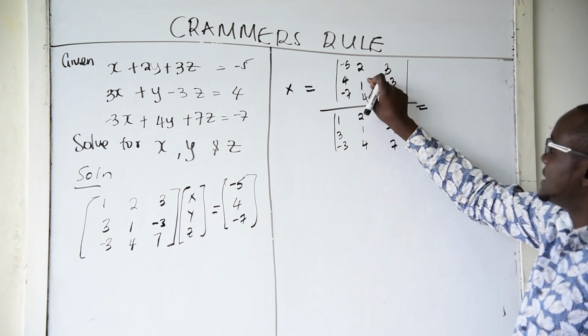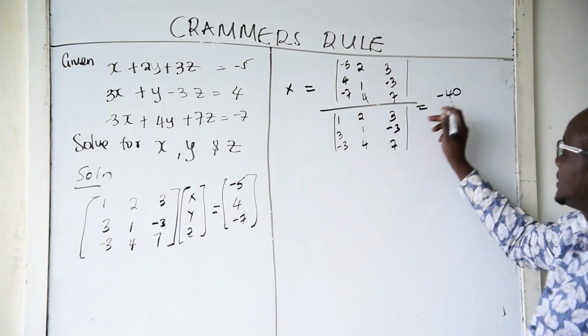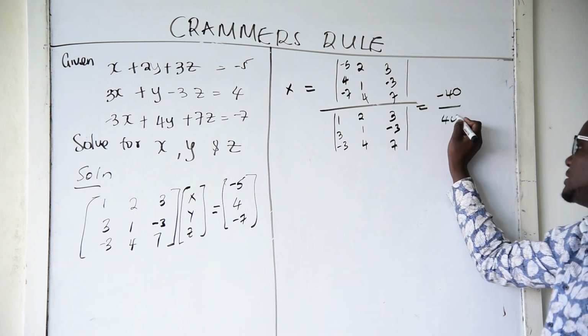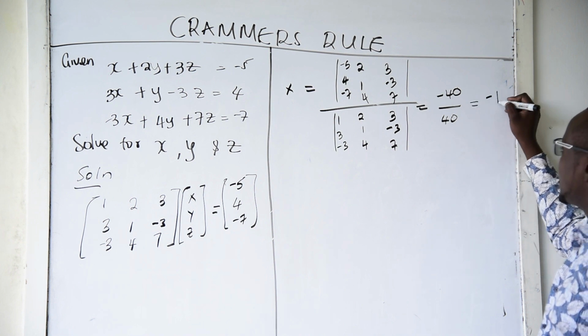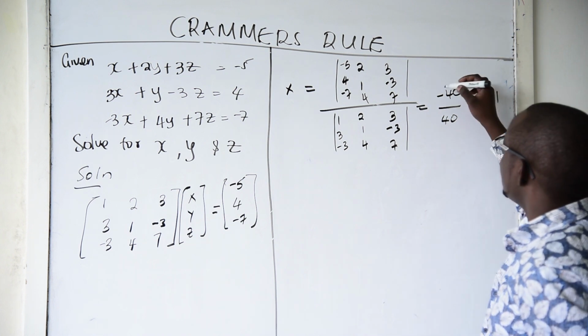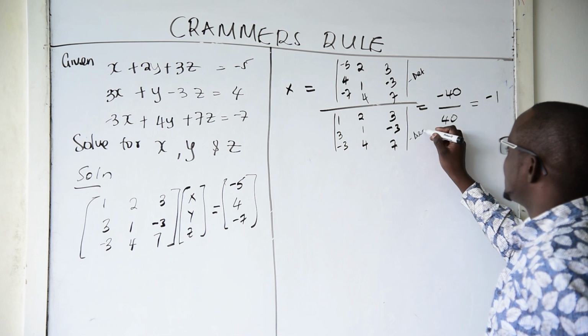If you work out the determinant of this, you will get negative 40. The determinant of the denominator, you will get 40. That means our x will be equivalent to negative 1.